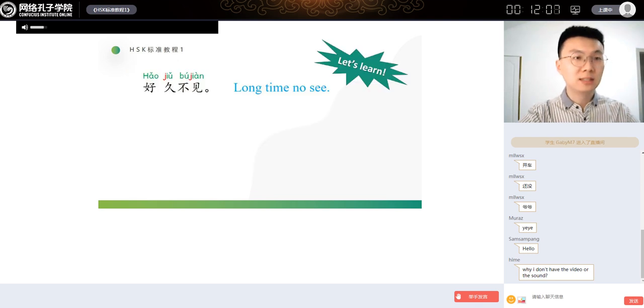So here, let's learn some new sentences through which you can carefully distinguish the difference between ji, qi, xi. Okay, let's read the first sentence. 好久不见，好久不见. Here, 久 and 见 are headed by ji. 好久不见 means long time no see.